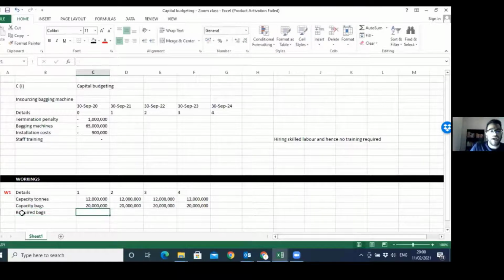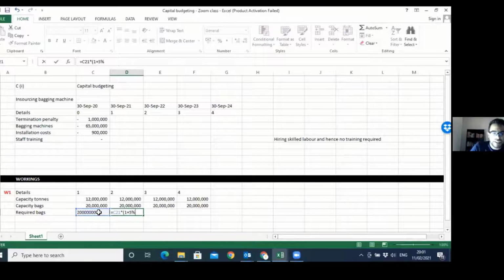We know the required bags is equal to 10 million tons times 2. Remember, 2 bags per ton. That's what is required. Thereafter, it is going to increase by 5%. So I'm going to say that multiplied by 1 plus 5%. And I can just pull this formula all across.